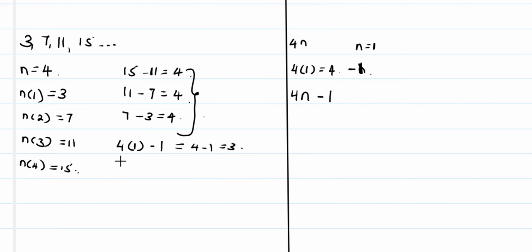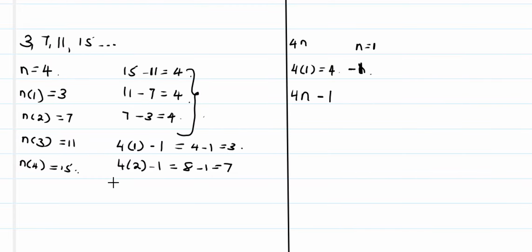How about when n is 2, of course, the second term? It becomes 4 into 2 minus 1, which is 8 minus 1, which is 7, and the second term in our sequence is 7.